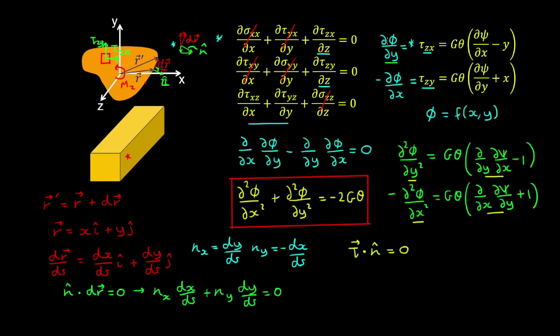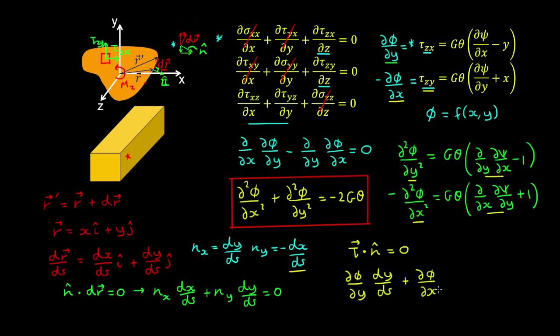And now if we substitute for the shear stress in the horizontal direction, which is d phi dy, using the stress function, and then multiply by nx, which is dy ds, then we have the component of the shear stress in the y direction, which is minus d phi dx, multiplied by minus dx ds, gives a positive result.